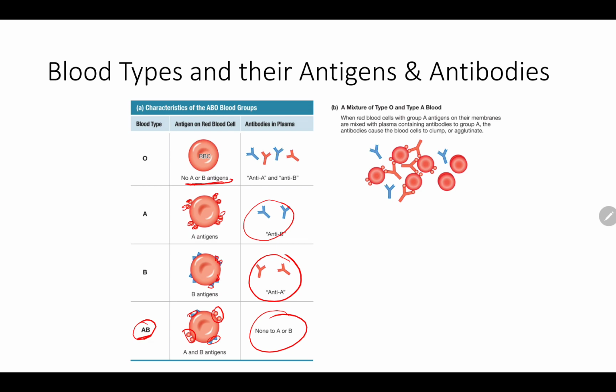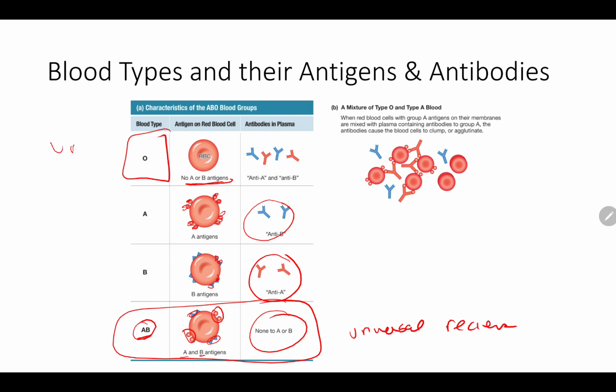So it's because of this that AB is the universal receiver, because they have the A and the B antigens on their surface. Whereas blood type O was the universal donor, right?